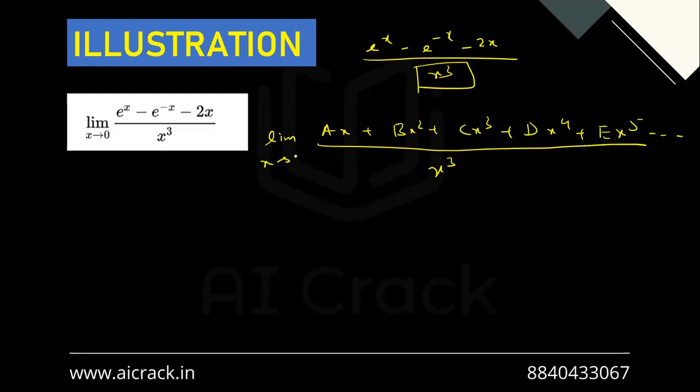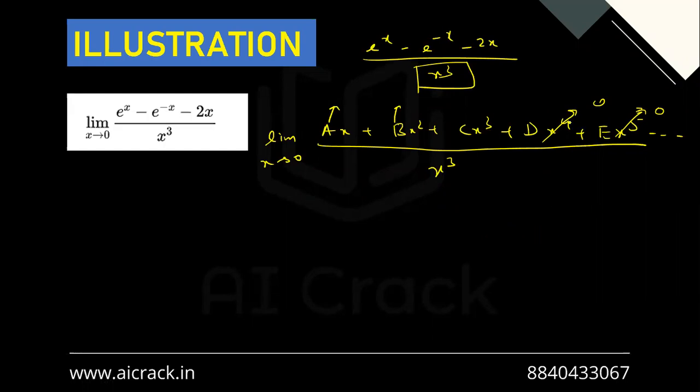Limit x tends to 0. Now if the limit has to exist, the coefficient of x should be 0. Basically a should be 0, b should be 0. And we can also ignore these higher power terms because as compared to x cube, they are extremely small. If x is 0.00001, then x^4 will be even smaller.